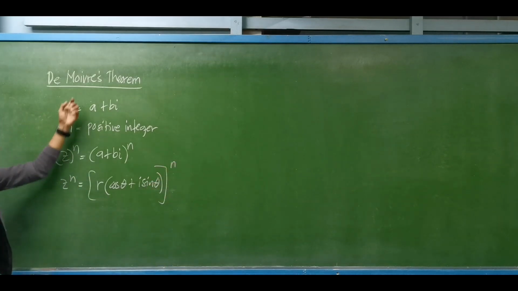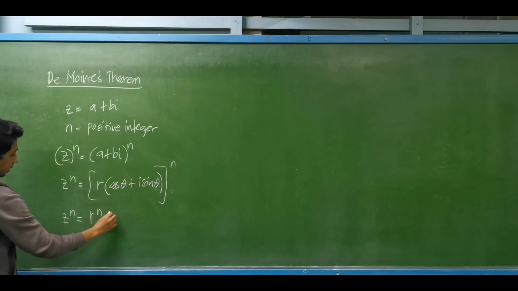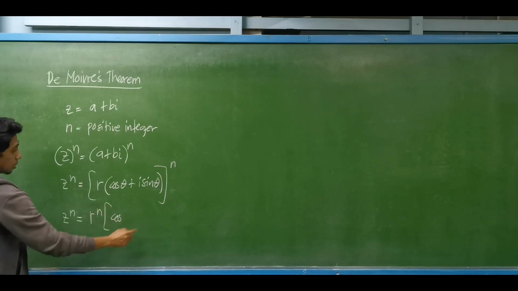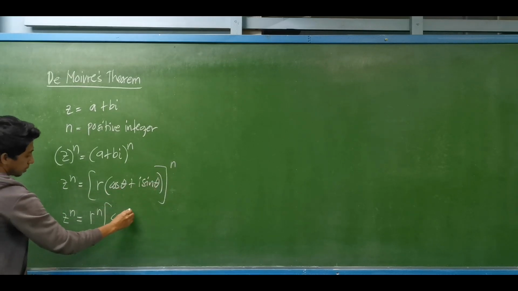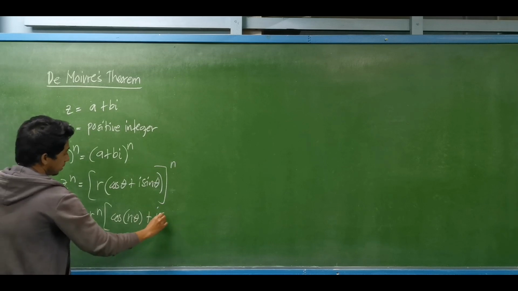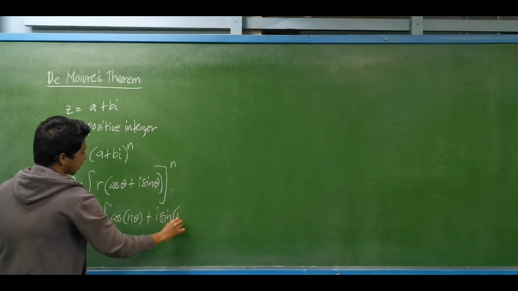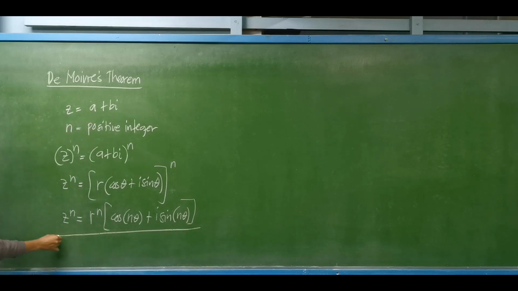If we apply De Moivre's theorem, this is the same as z raised to n equal to r raised to n, multiplied by the quantity cosine, so we have to multiply this n to the angle or to the argument. This is n times theta plus i sine of n times theta. So this will be our equation.